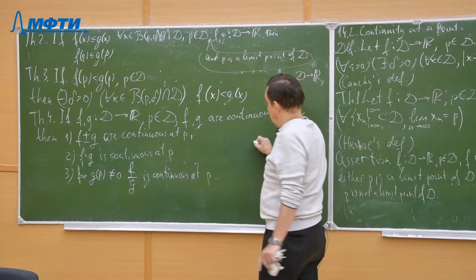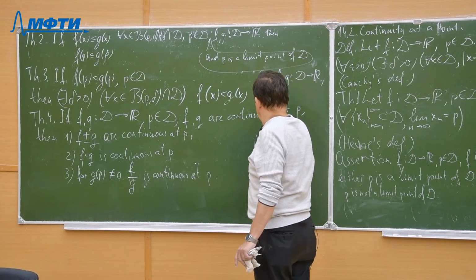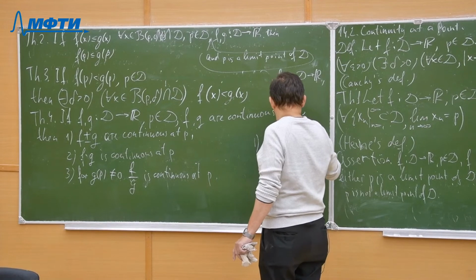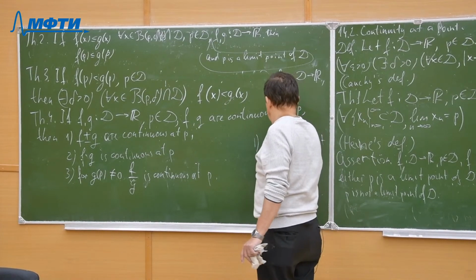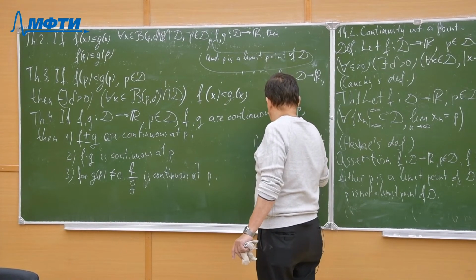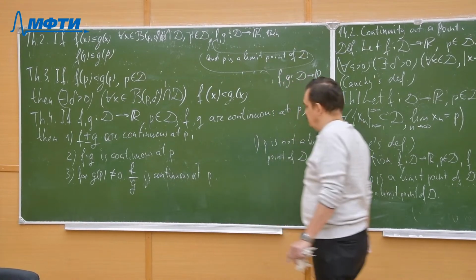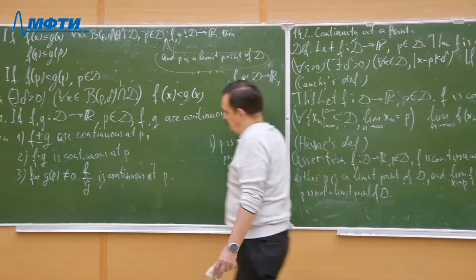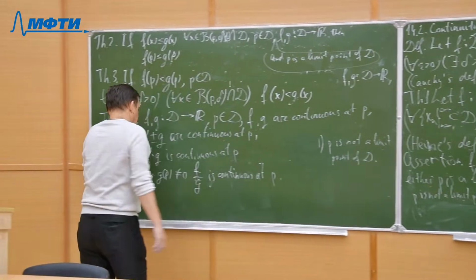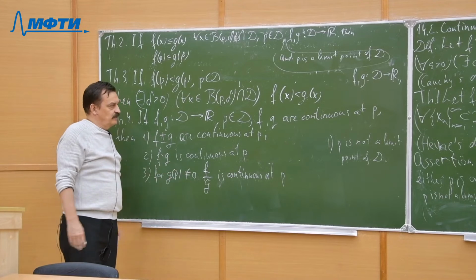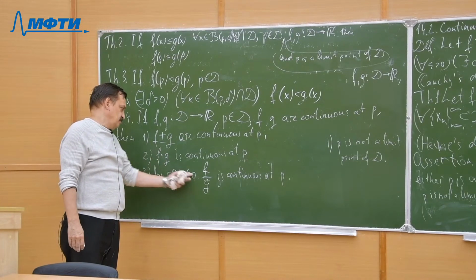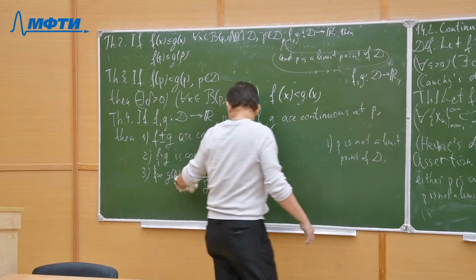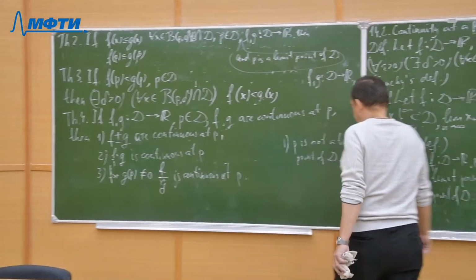First, P is not a limit point of D. Then we don't need to prove anything, because now the only thing which we ask for is just that the function should be defined at P, and that is true for all of them.